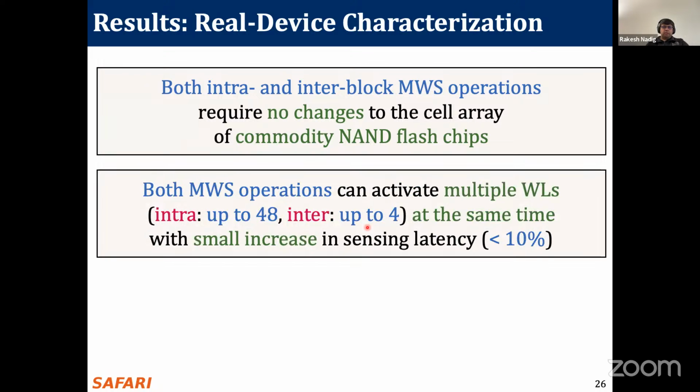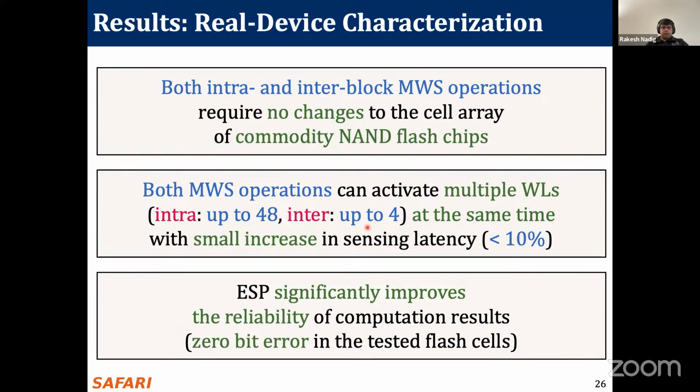Both MWS operations can activate up to 48 word lines in the case of intra-block and up to 4 word lines in inter-block at the same time, with a small increase in sensing latency of less than 10%. ESP significantly improves the reliability of in-flash computation, and we observe 0-bit errors in the tested flash chips.